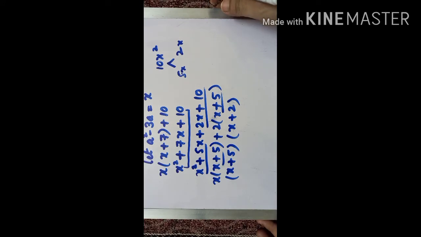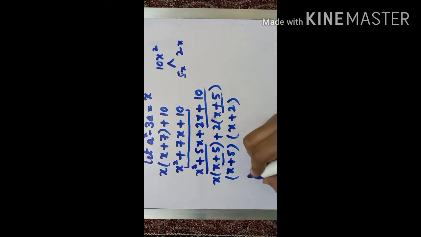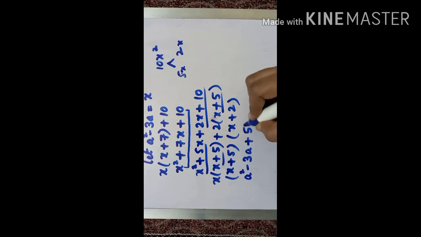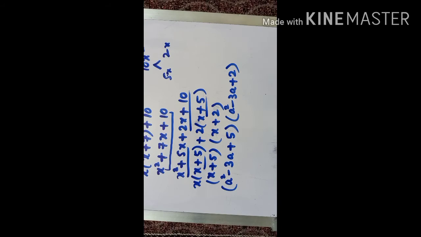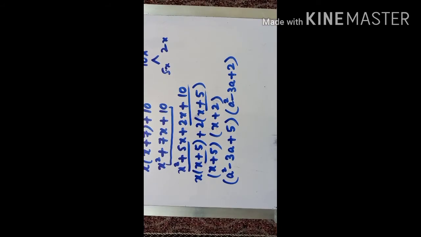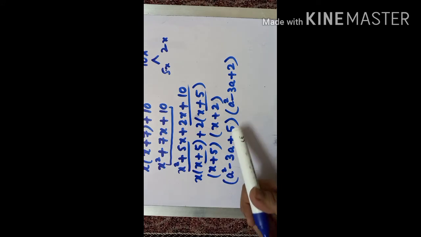X we have taken as a square minus 3a in the beginning. Okay, so that only let us substitute. X is nothing but a square minus 3a plus 5, then here in place of x again a square minus 3a plus 2. Okay, so now you can see again this is in the form of a square minus 3a plus 5.